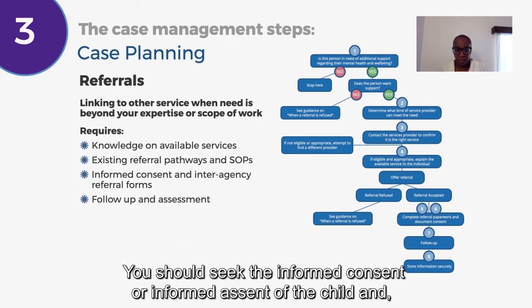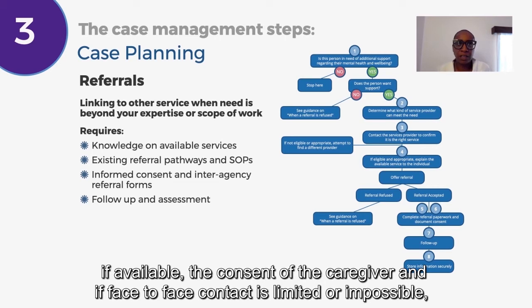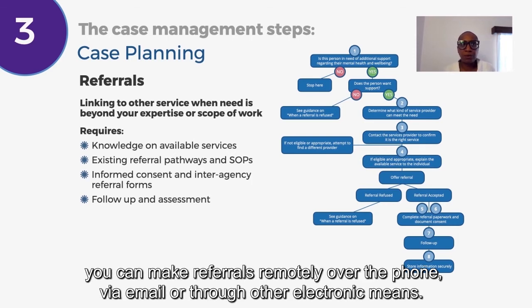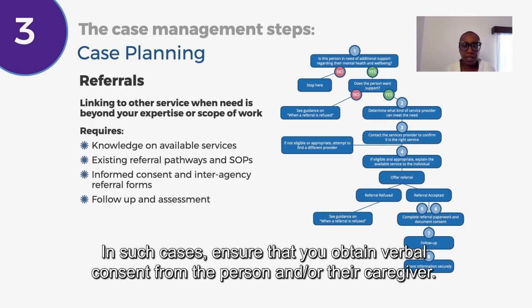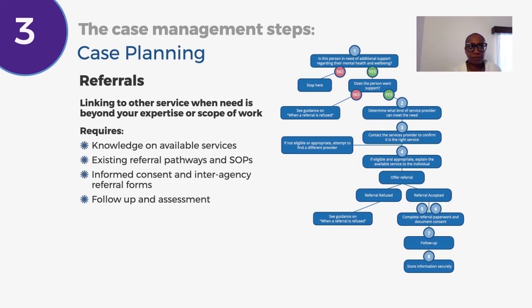You should seek the informed assent of the child and, if available, the consent of the caregiver. And if face-to-face contact is limited or impossible, you can make referrals remotely over the phone, via email, or through other electronic means. In such cases, ensure that you obtain verbal consent from the person and/or their caregiver.